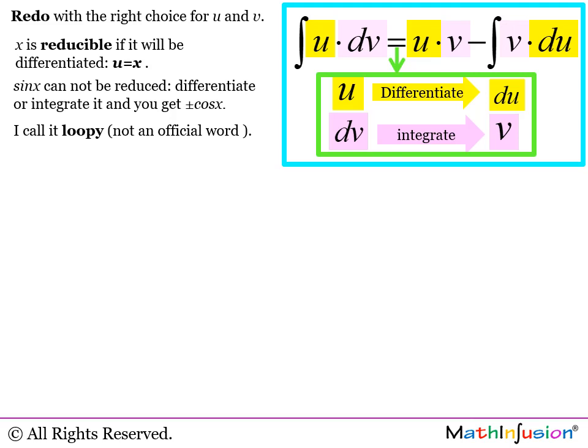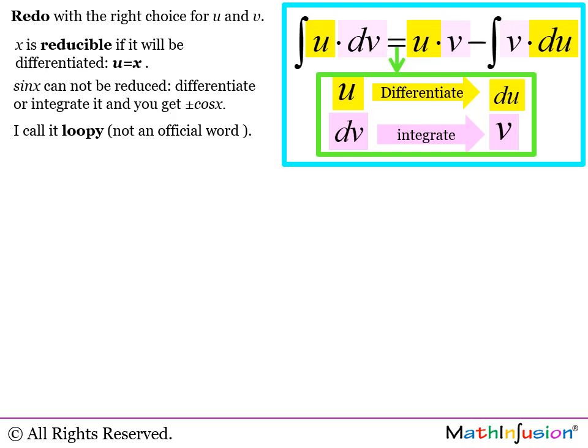We observe and we see that one function is differentiated and the other one is integrated. So the whole idea is that if you have x, it is to reduce the x, because when I differentiate x, I'm going to get 1. It's going to disappear. On the other hand, sine x, I call it a loopy function, because if I integrate or differentiate that, I'm going to get plus or minus cosine x.